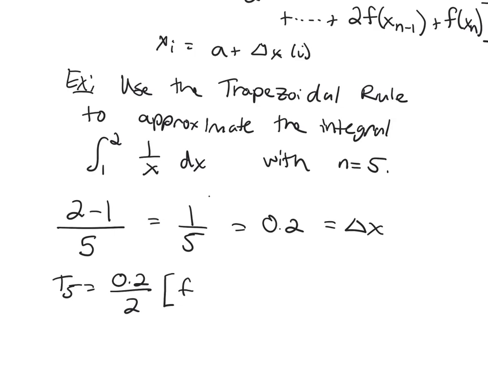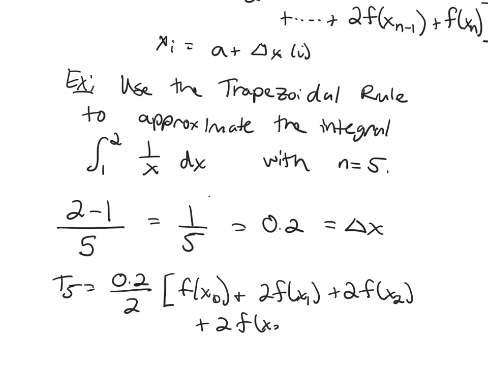And then it's f of x0 plus 2 f of x1 plus 2 f of x2 plus 2 f of x3 plus 2 f of x4 plus the last one, f of x5, because n was 5. Okay.